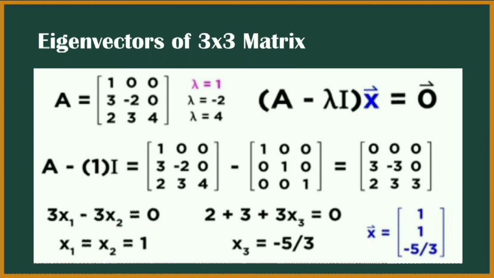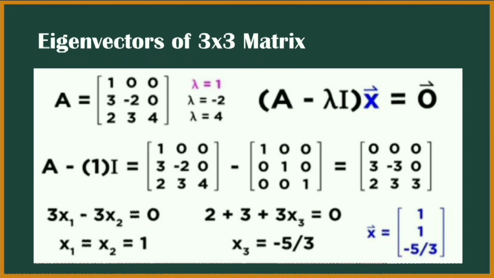So after that, we need to find the eigenvectors of the 3 by 3 matrix. So our given is matrix A with elements 1, 0, 0, 3, negative 2, 0, 2, 3, 4. And then we will use one of the eigenvalues, which is lambda equals 1. So we will substitute the value of lambda.